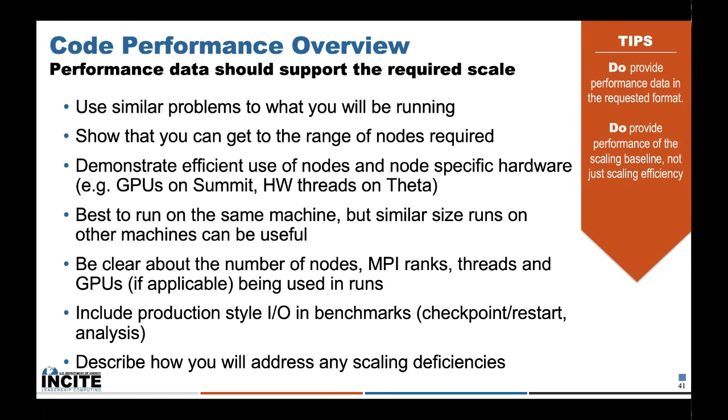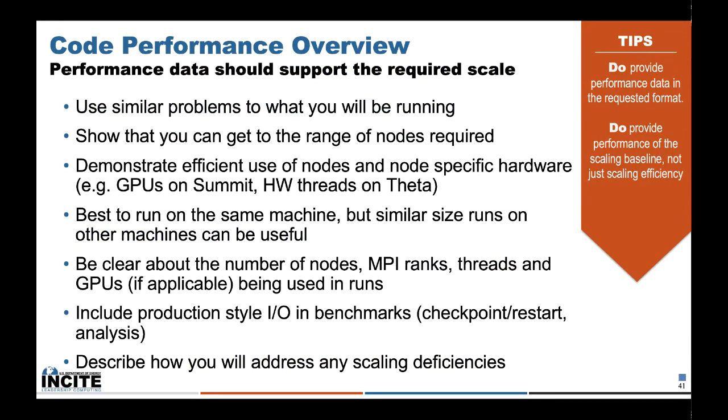And it's best to generate application performance data on the resource you are requesting an allocation on. Obviously, we don't have some of the machines, especially if you are asking for 2 or 3 years, but similar size runs on other related resources can also be very useful. So be clear about the number of nodes, MPI ranks, threads, and how many GPUs are used to generate the performance data, and that production style IO was used in the benchmarks.